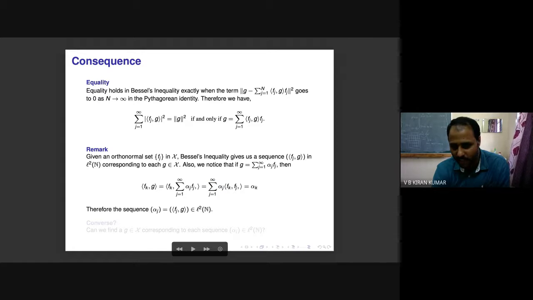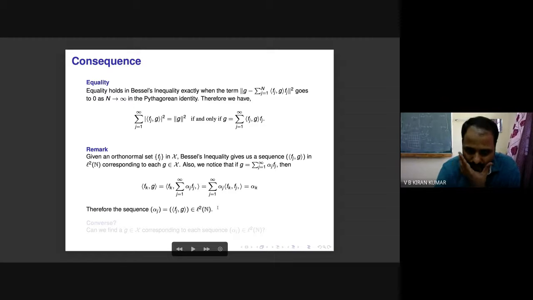When j equals k, it is <f_k, f_k>, which is 1, and you are left with alpha_k only. So <f_k, g> is equal to alpha_k. That means if g equals this, then the alpha_j's should be exactly equal to <f_j, g>. Do you agree with that?